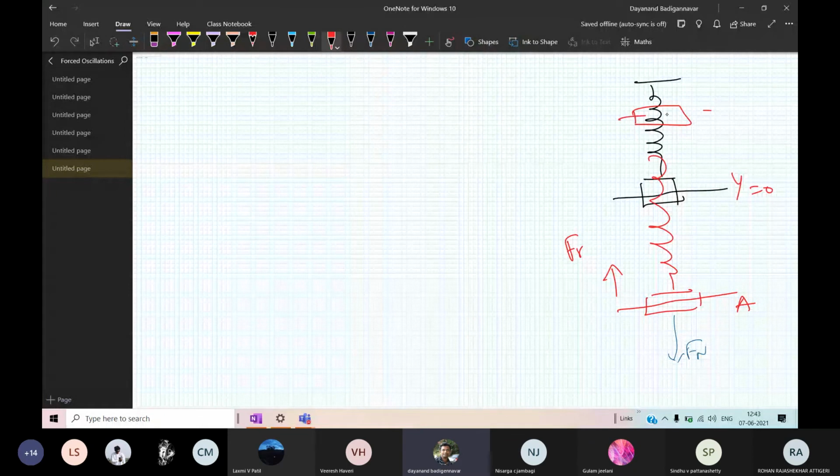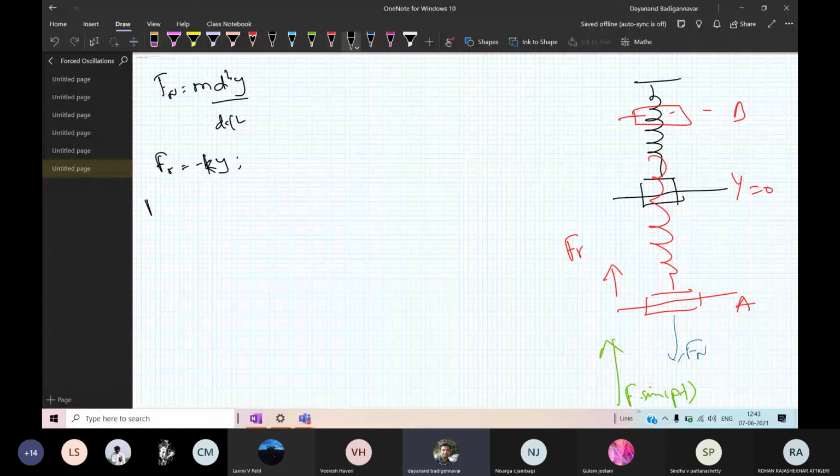And I have applied the force. Applied force is like this, F into sine pt. After writing all those things, first one: Fn equal to m into d²y by dt². Fr is equal to minus k into y.